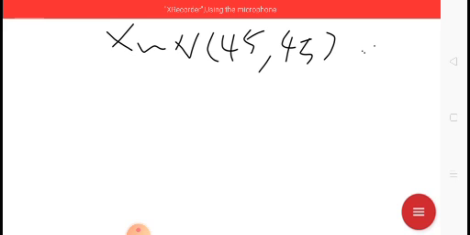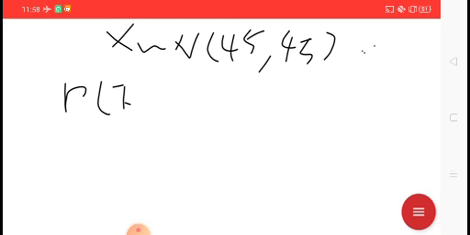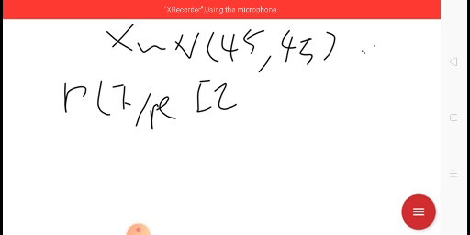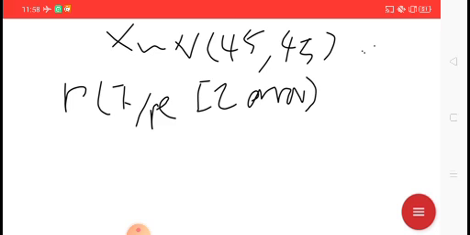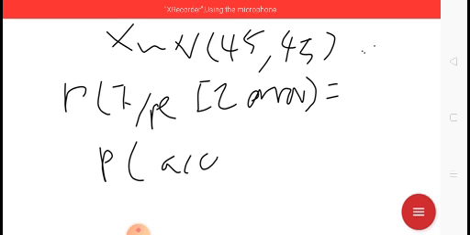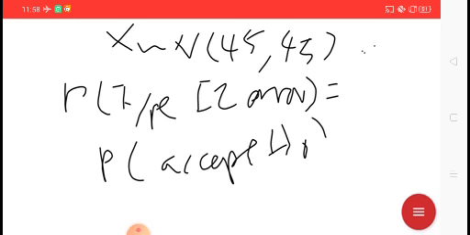Alright, same thing: the probability of type 2 error will be equal to the probability that you accept H naught. Okay, so I said this is very important. You just remember the front part. So the probability of type 2 error is equal to the probability that you accept H naught.